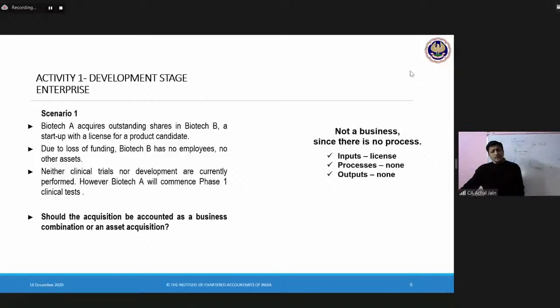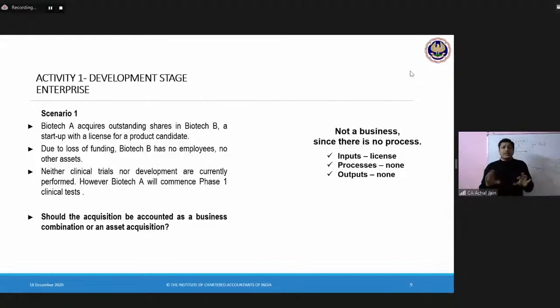And why is this not a business? Because if we apply 3 criteria for a business, first, what's the criteria? It should have some input. And do we have an input in Biotech B? Yes. License is there. There's an intangible asset. It's a resource using which some output is possible to be generated.